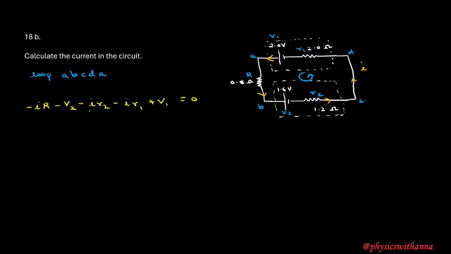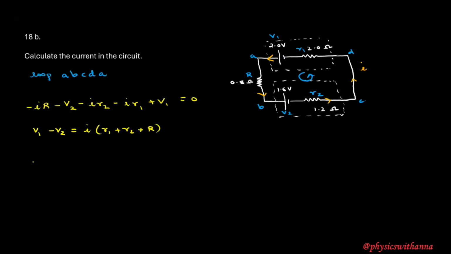Now again, move all the terms with I to the other side. And since they are all negative, when they move to the other side, it will become positive. So here you are left with V1 minus V2 equals I times (r1 plus r2 plus capital R).